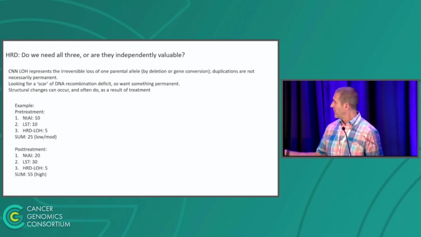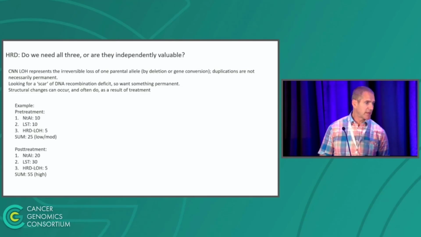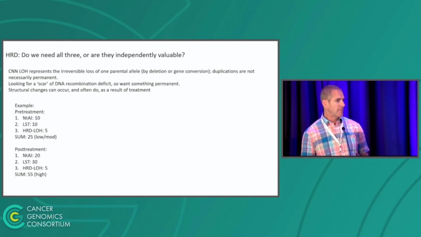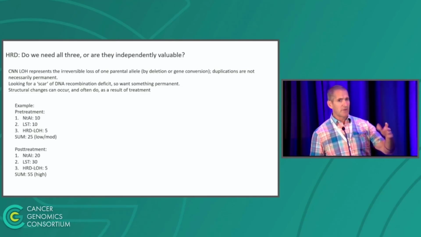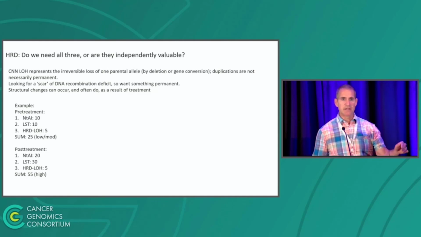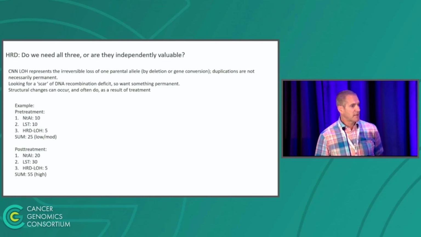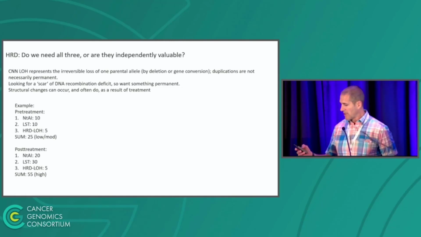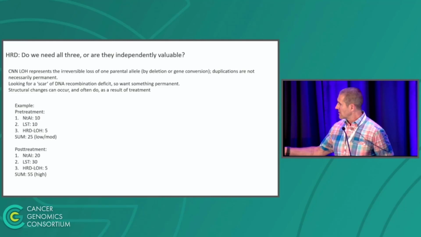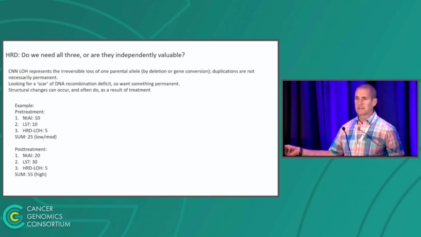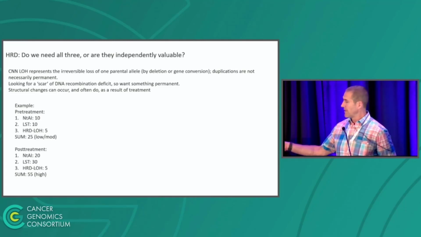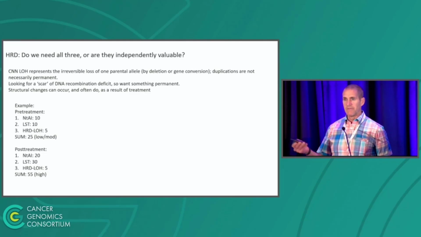So if we have our pre-treatment sample here, and we have an HRD sum of 25, which is kind of lower moderate. Let's just say it's a breast cancer, which the cutoff is 42. But post-treatment, you can see that it's increased quite dramatically, but it's the telomeric imbalances and these large state transitions that have increased. And so these types of events are more likely to have occurred via treatment.